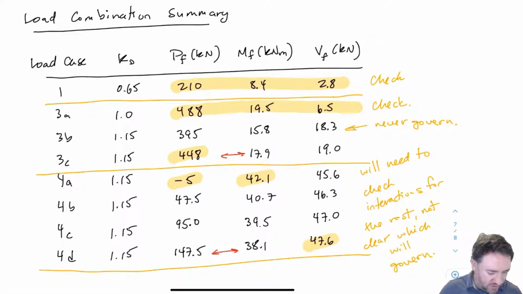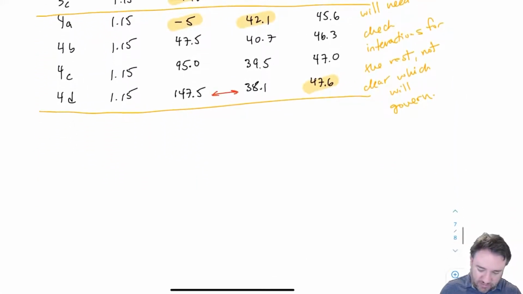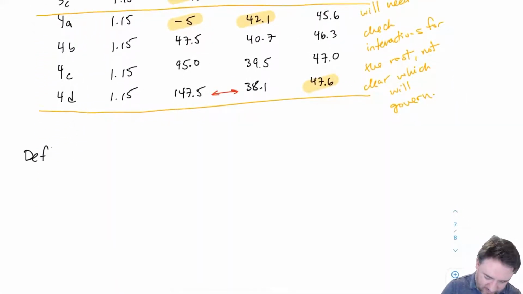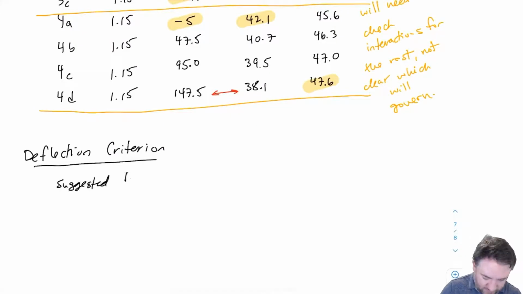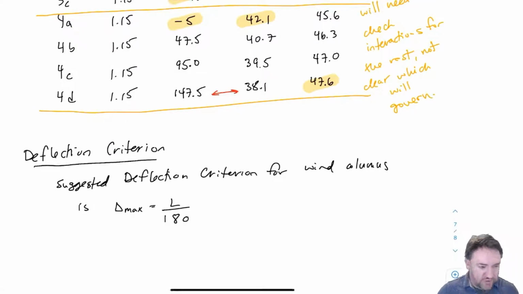We are going to first take a look at what is going to be our minimum EI for deflection. There's no explicit deflection criteria for wind columns. We have our beam criteria in the standard in chapter 5.